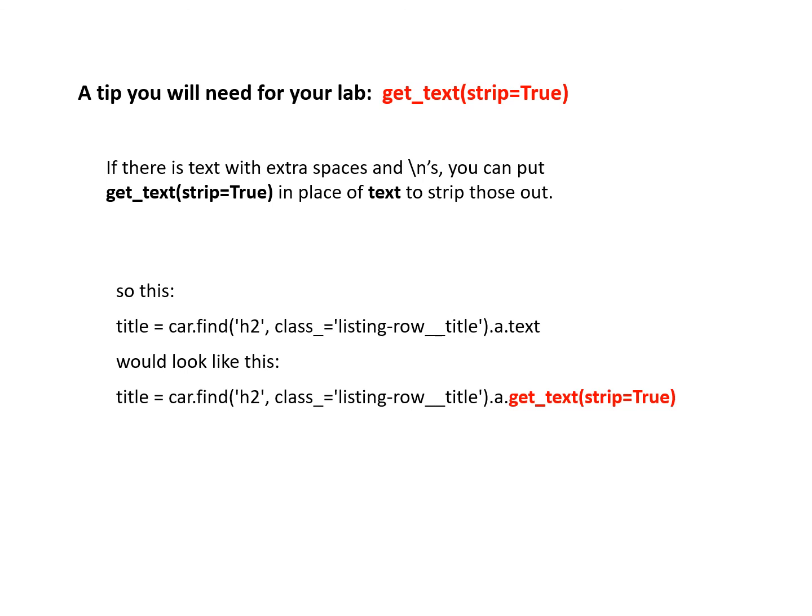Instead of that, if you want to strip the white space in front and at the end, instead of text at the very end, you would say dot getText strip equals true, and it pulls in the text but will strip it at the same time. Okay, so keep that in mind. You'll probably need to use that in your lab.